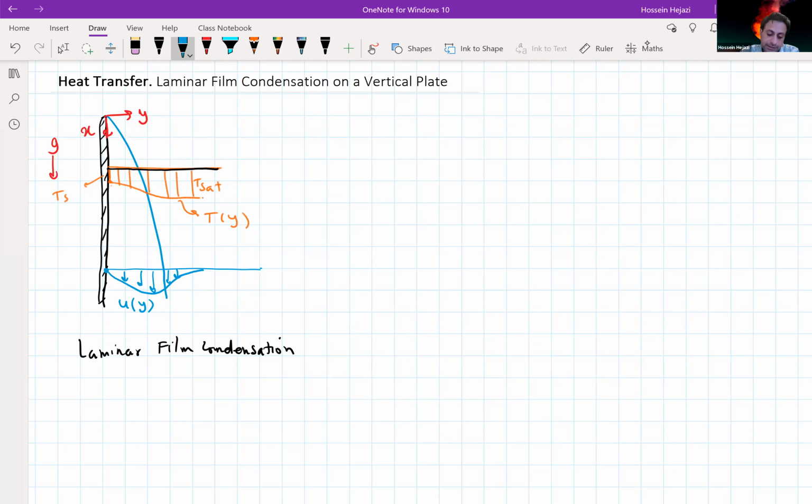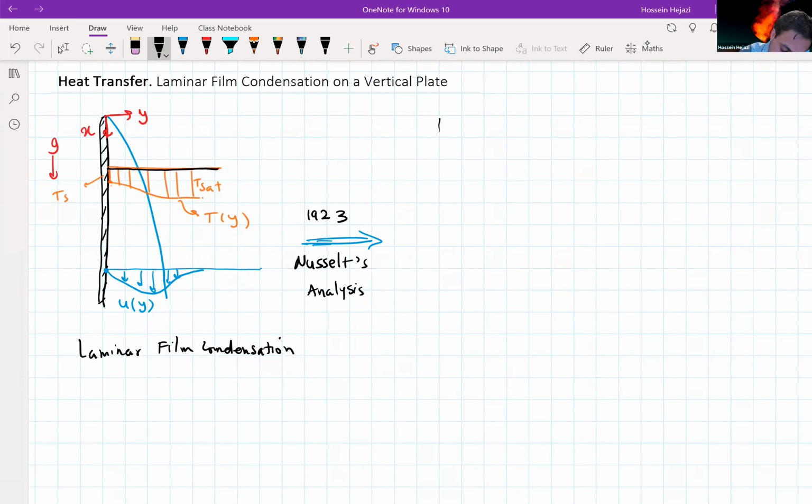He made a few assumptions, so I'm just going to write them down here. In 1923, we're going to look at what Nusselt did for this laminar film condensation.